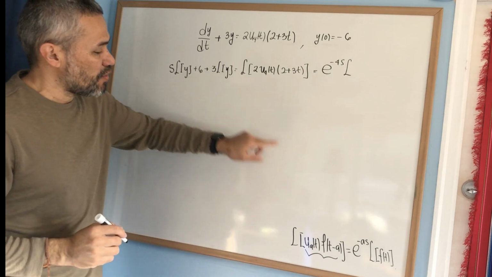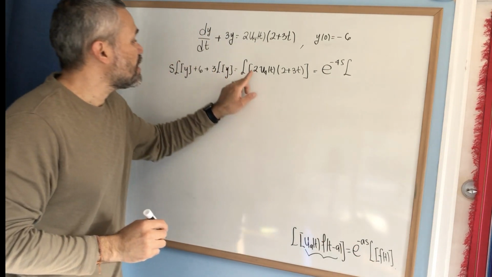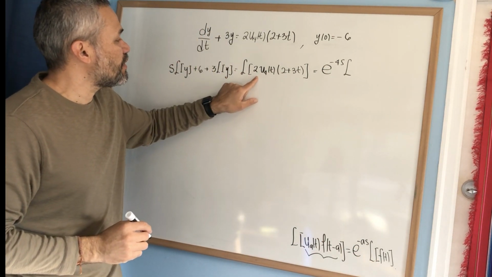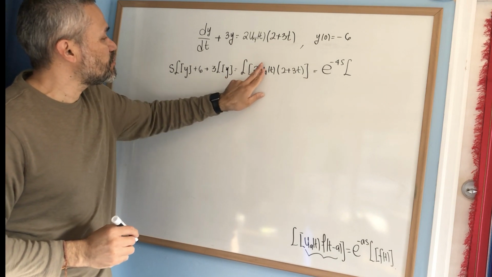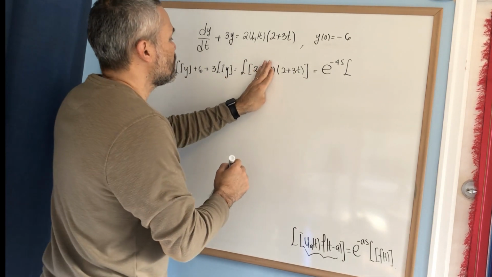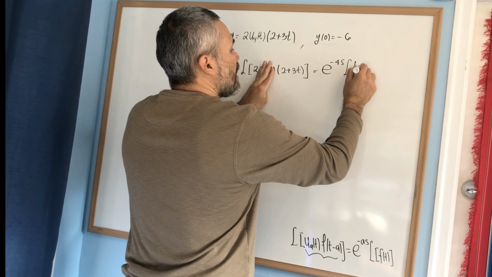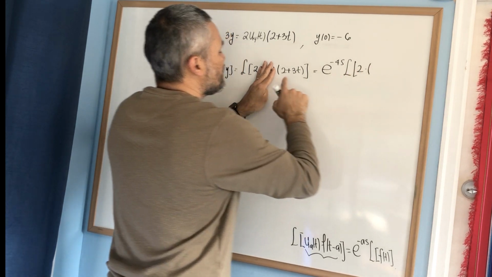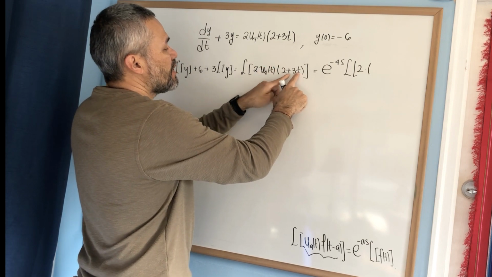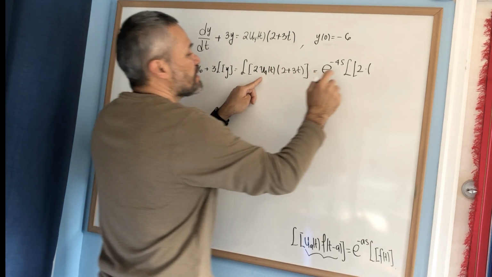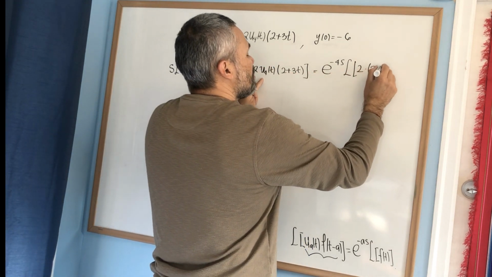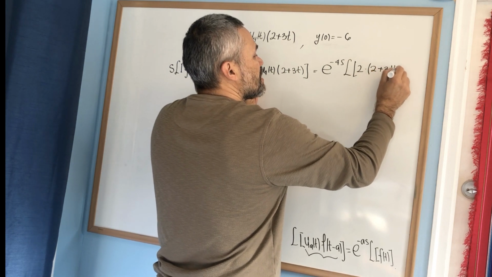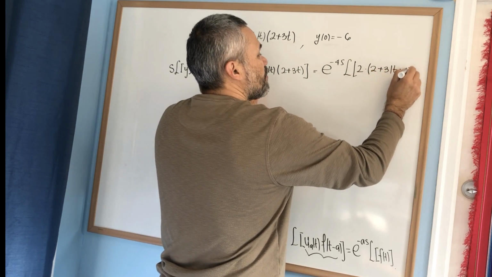And the question is, what is the original function f of t if this is the u4 shifting? Then the rule is you forget about the Heaviside function, and anytime you see that t, you replace it with t plus a. In this case, it's t plus 4. You have 2 plus 3 times t plus 4.